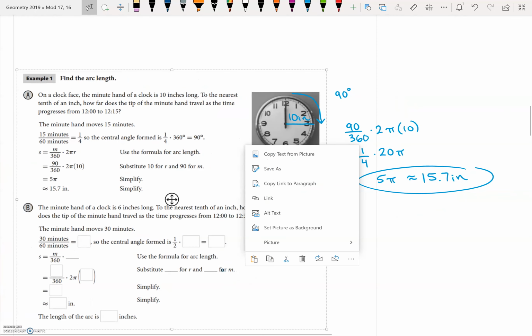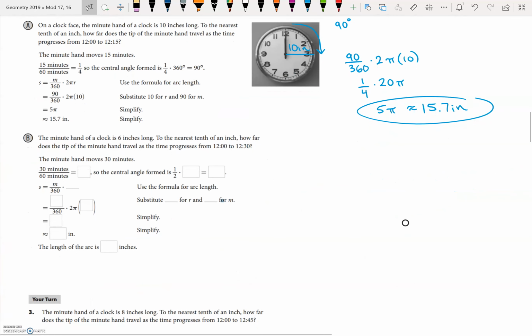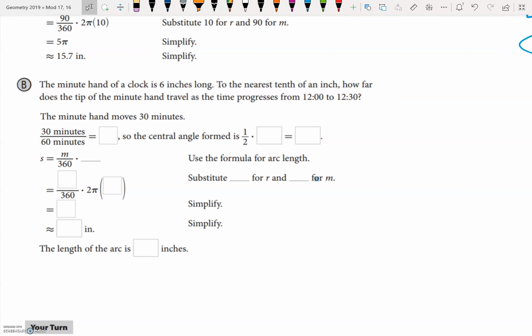All right, let's do another example. It says here the minute hand of a clock is 6 inches long. So you always want to draw your examples here. We have a minute hand which is 6 inches long. We want to go from 12 to 12:30. So we're measuring this distance. How many degrees is that? That's right, it's 180.